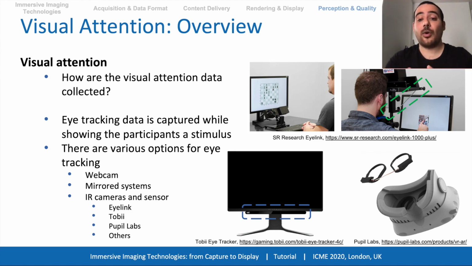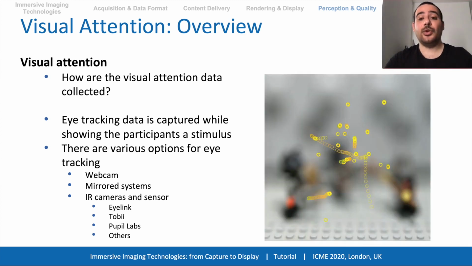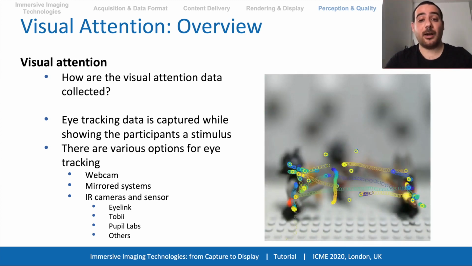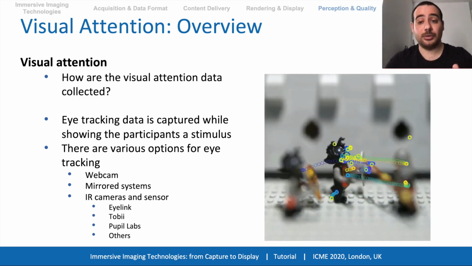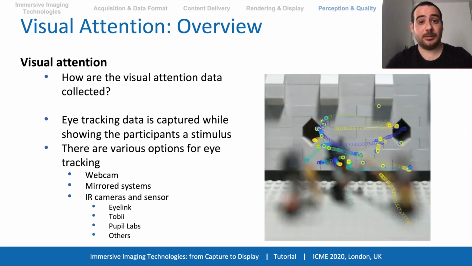There are several options for eye tracking devices, which range from low-cost and less accurate devices like a webcam to expensive and most accurate solutions like a professional eye tracking setup. On this slide, you can see eye tracking data for all participants for a given visual stimulus in subjective experiments.